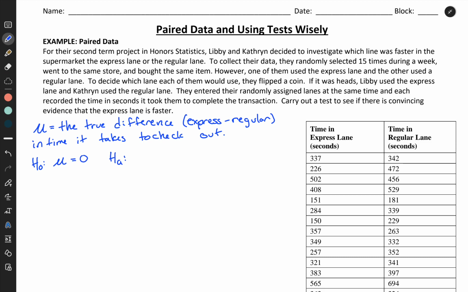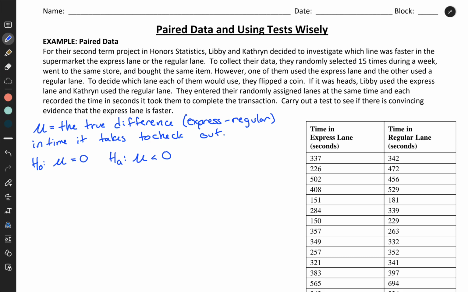So if I take express minus regular, that would be a smaller number minus a bigger number, which, if I think about it, is going to be a negative number. In other words, I'm expecting for our alternative hypothesis that the mean is going to be less than 0.